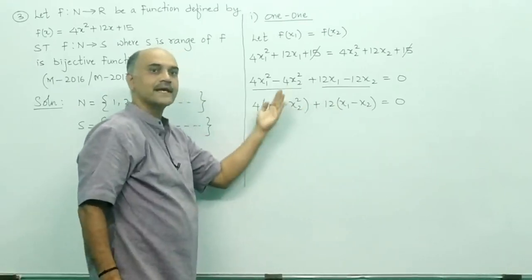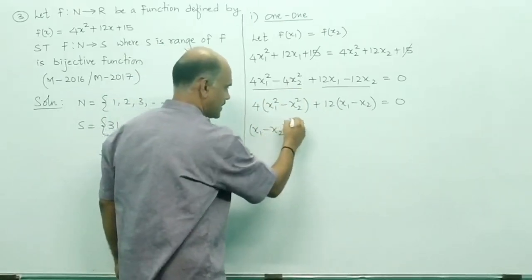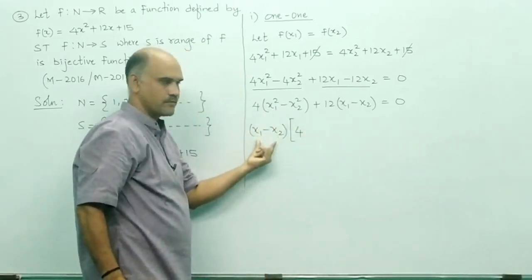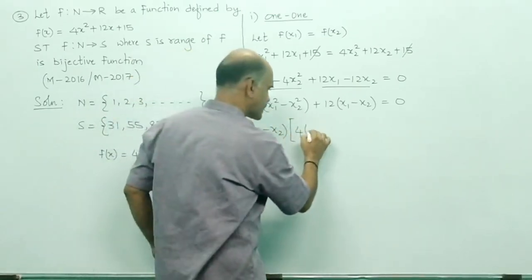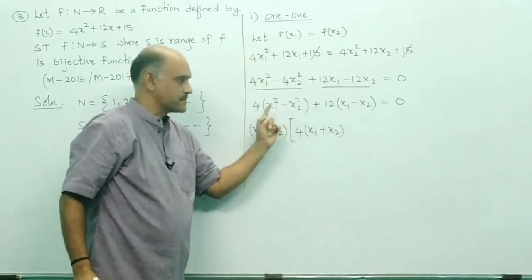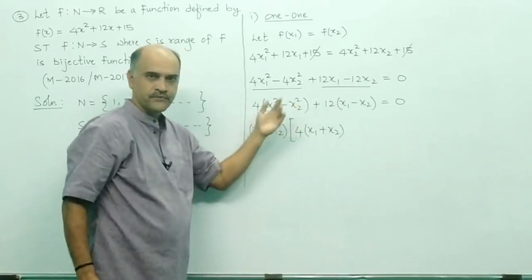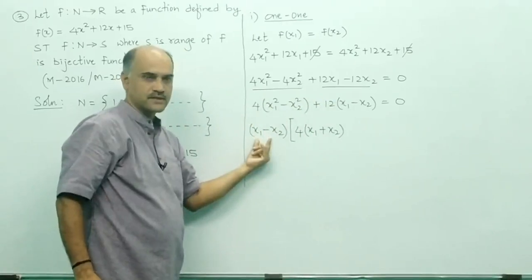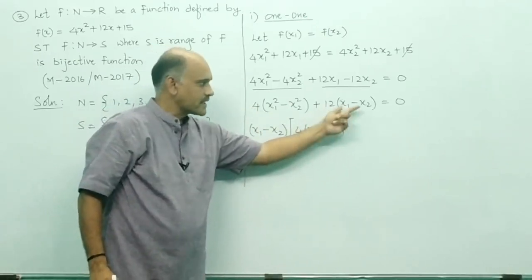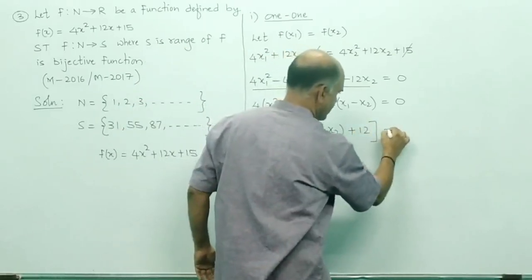So if I take x1 minus x2 common, here 4 remains, and from this bracket I will have x1 plus x2. Clear? So apply the a square minus b square formula, x1 plus x2 into x1 minus x2. When x1 minus x2 comes outside, 4 remains, then x1 plus x2 remains. Now here, if I take x1 minus x2 outside, what remains is 12, the bracket complete equal to 0.